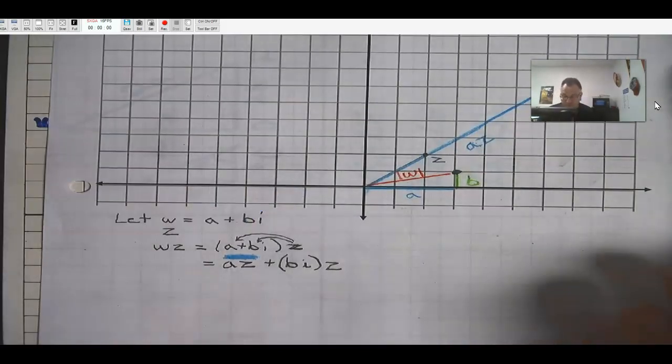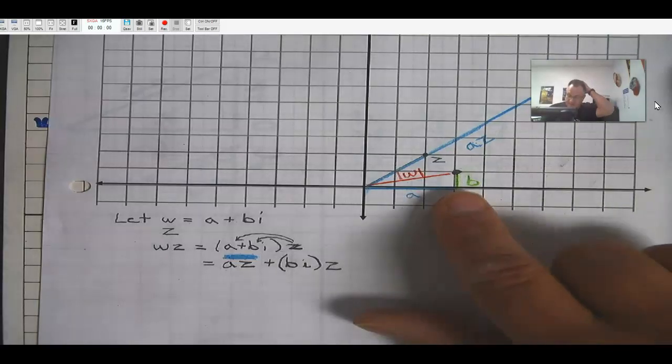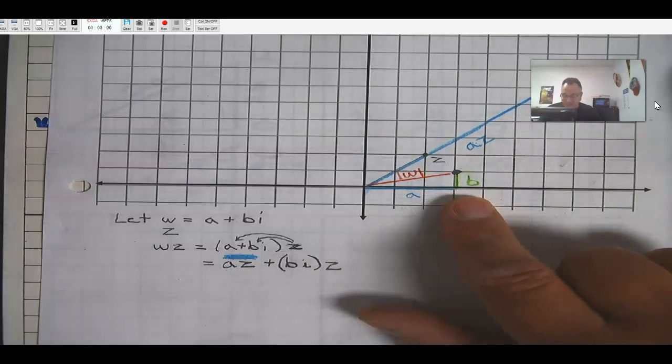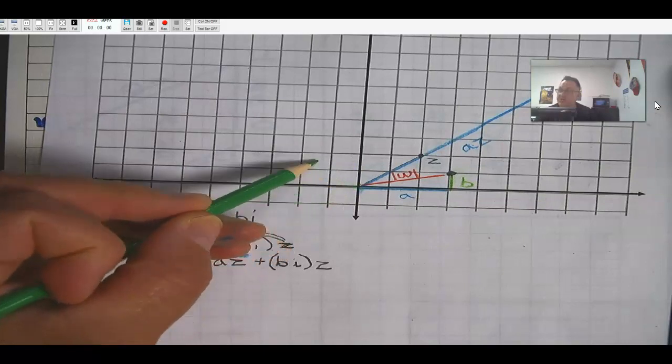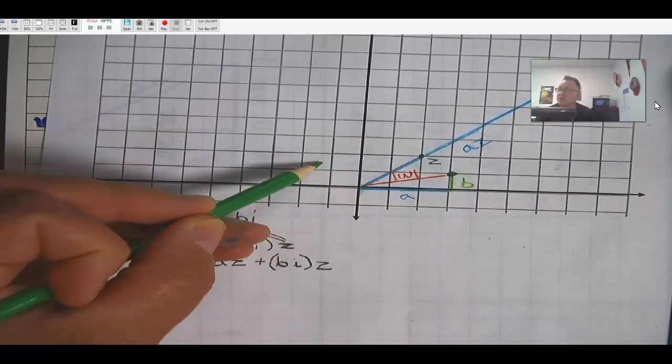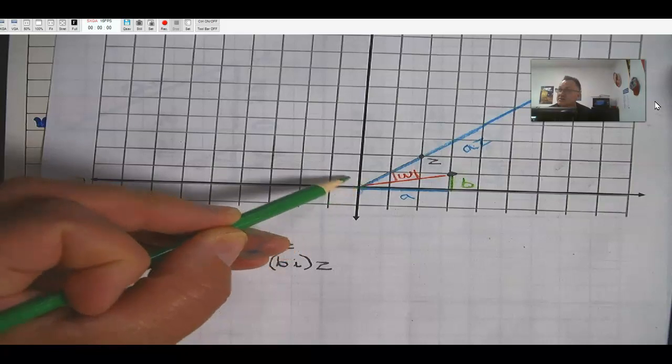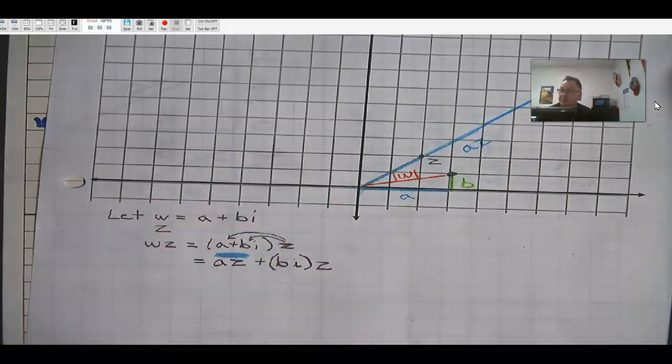So if I rotate Z 90 degrees, it's going to go in this northeastern direction, and it's going to be perpendicular to that blue line.